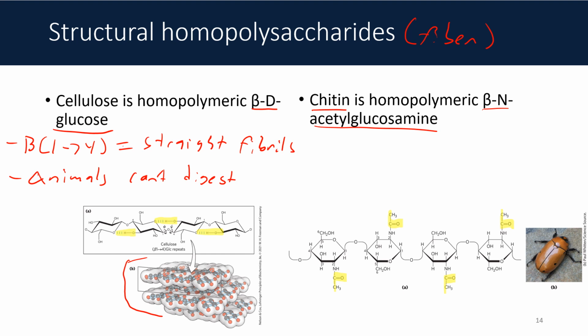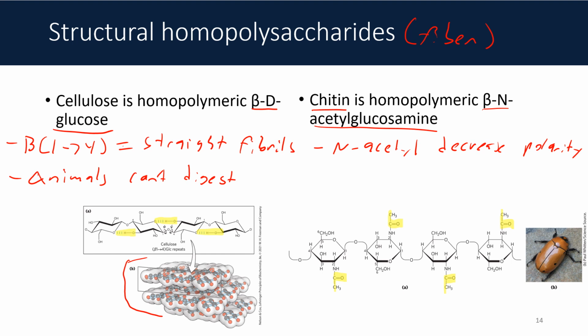Well, the N-acetyl group is going to decrease the polarity of that polymer. And this has evolutionary significance to it. Think about the last time you got trapped outside in the rain. If you're wearing cotton clothes, I bet that got pretty waterlogged and really weighed you down.